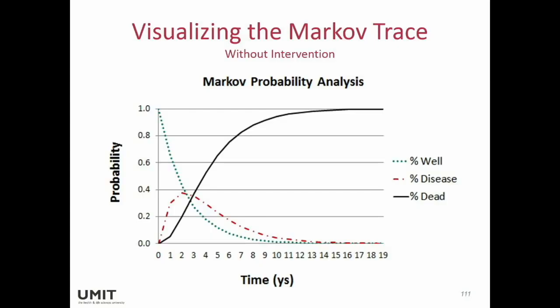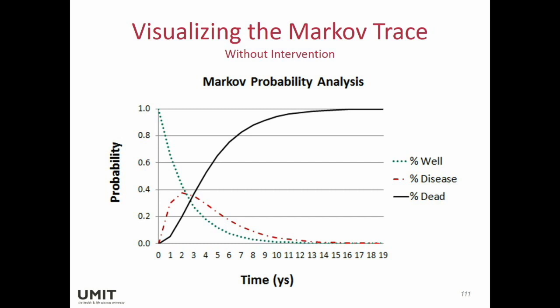Good. So now we calculated our expected health outcomes and our expected costs. The next slide shows you a visualization of the Markov trace. Now you can see how the proportion of the population, so the distribution among well, diseased, and dead, develops over time.